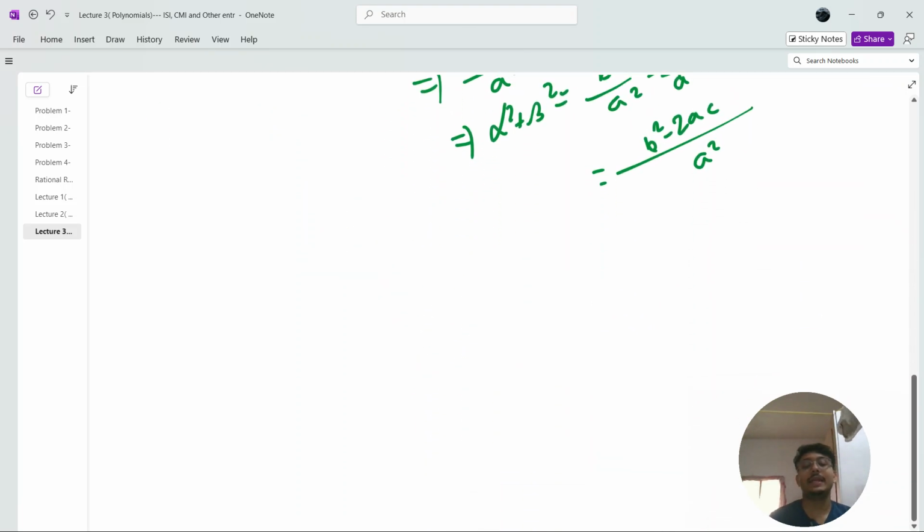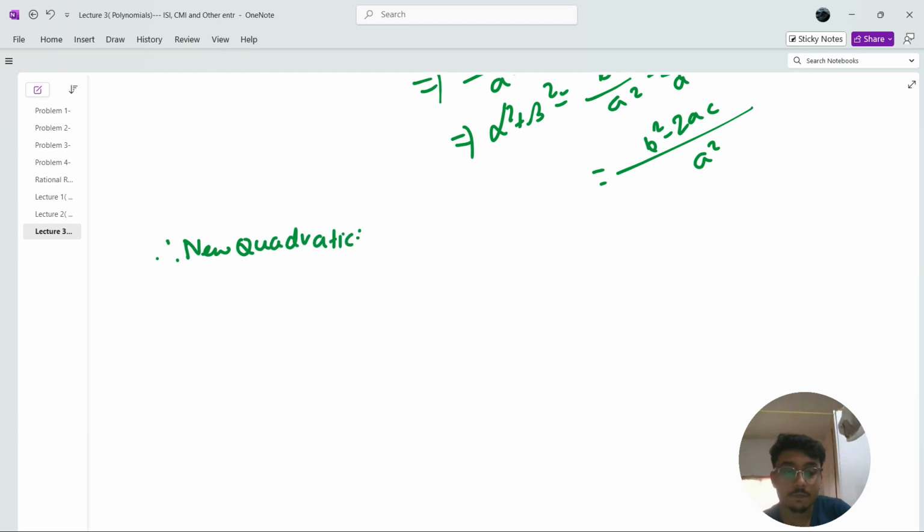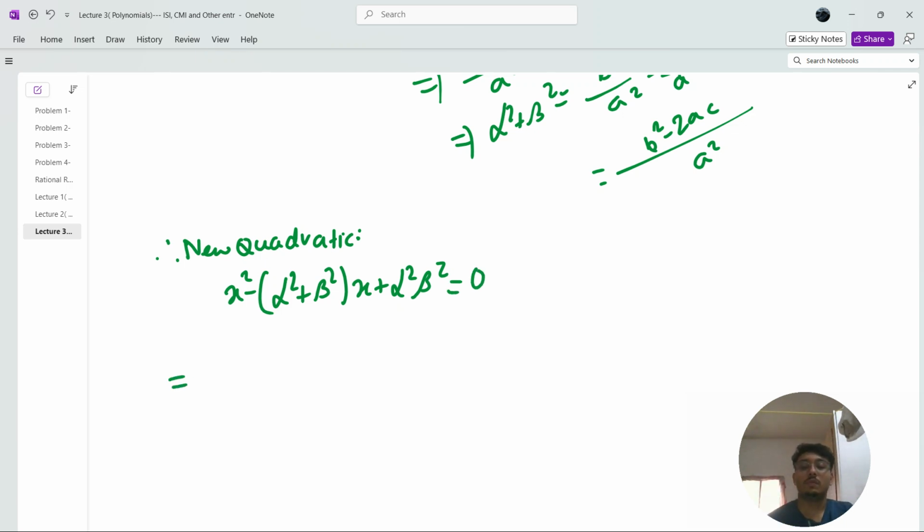So I need a quadratic with the roots alpha square and beta square. So the new quadratic is x square minus of alpha square plus beta square times x plus alpha square beta square equals 0.